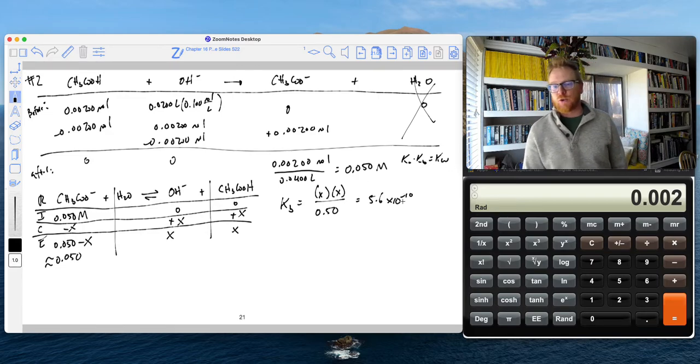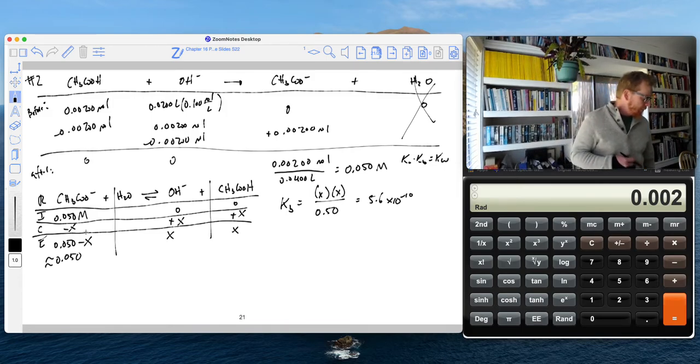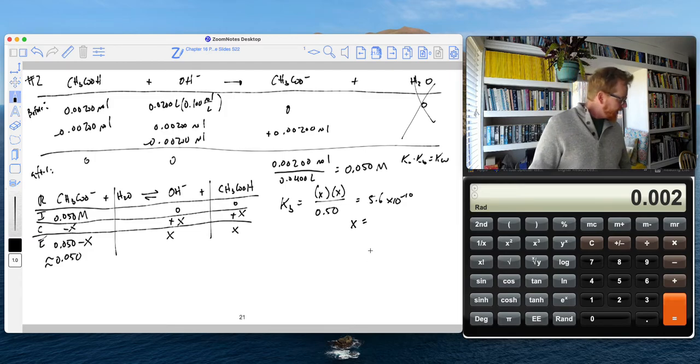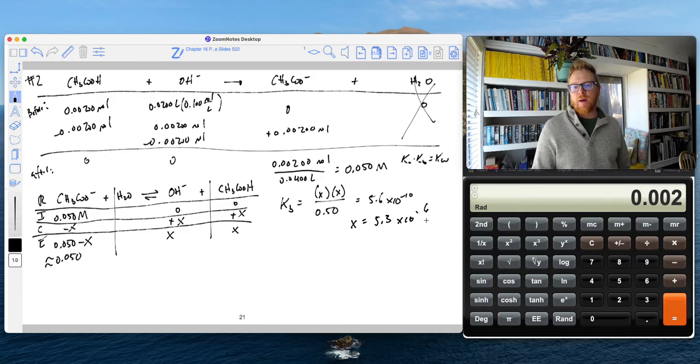And because that's a crazy small Kb, my 5% rule is going to work out just fine. I'm going to skip a little bit of math here. I want you to prove that you can get this. But now when I solve this algebra, I get that x equals 5.3 times 10 to the negative 6. I remember that that corresponds to my pOH.